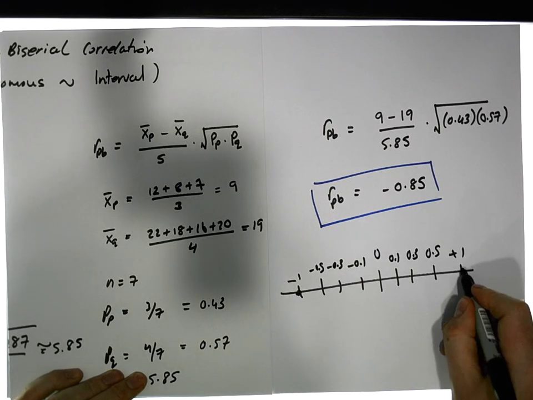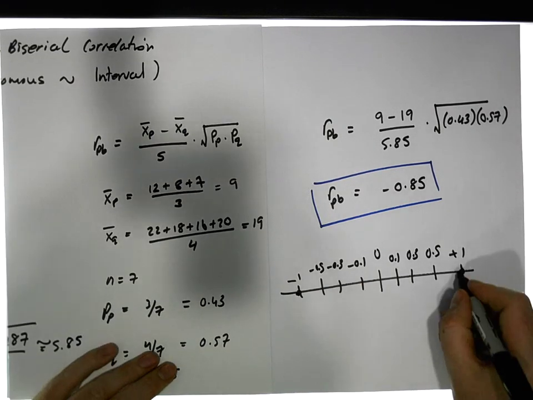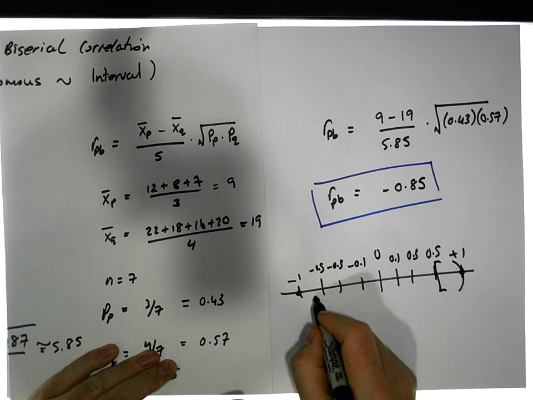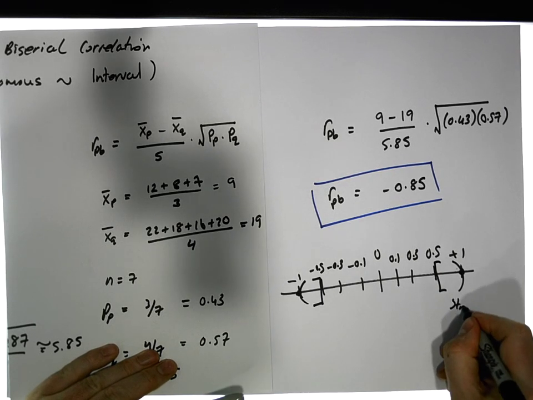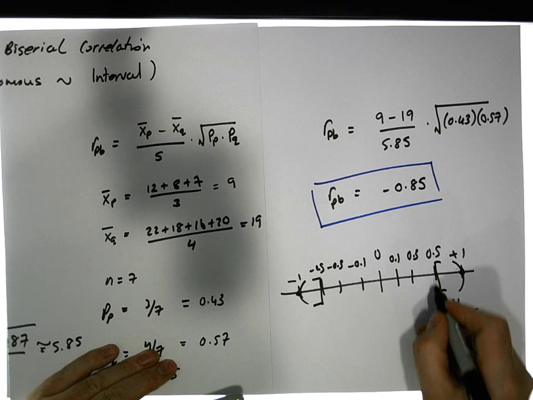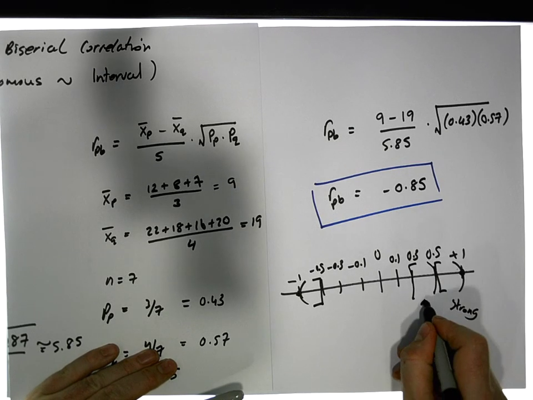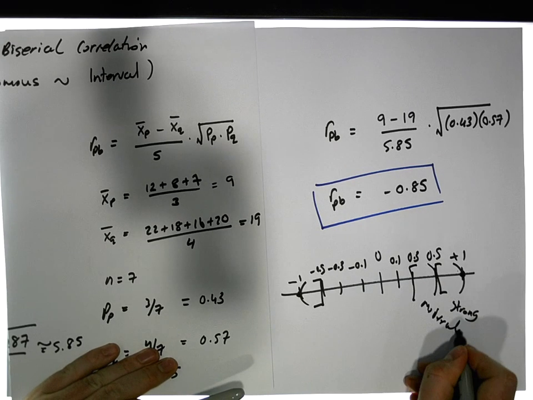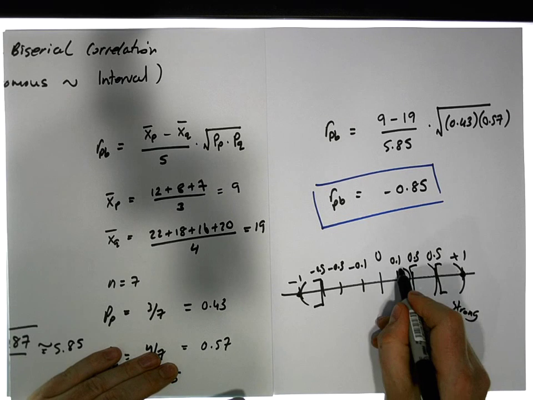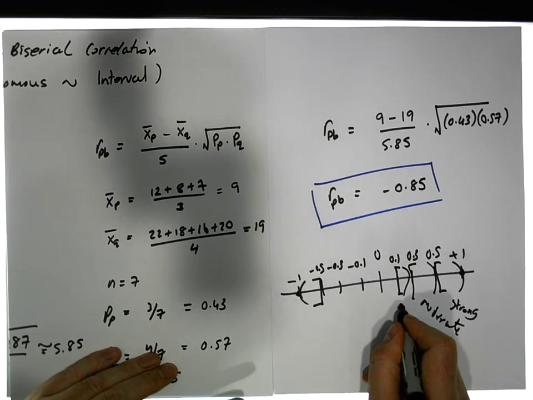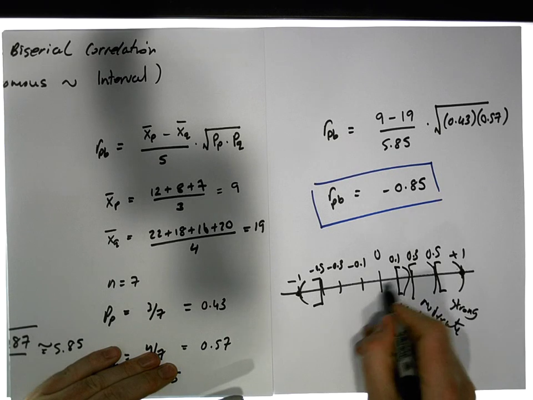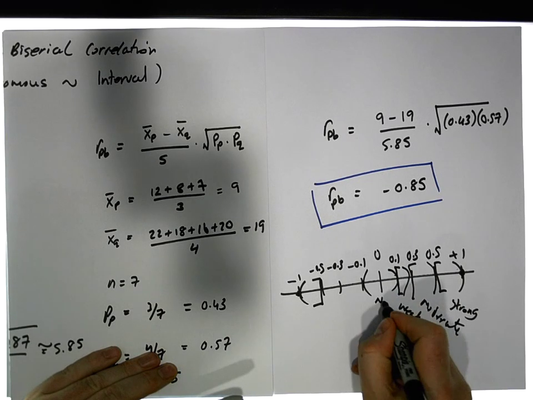It's perfect if it's equal to plus 1 or minus 1. If it's between those and 0.5, it's strong, strong positive or strong negative. If it's less than that and greater than 0.3, it's moderate or medium. If it's less than this but greater than 0.1, let's say it's weak. If it's between the weak bounds, there's none. And the same over this side.